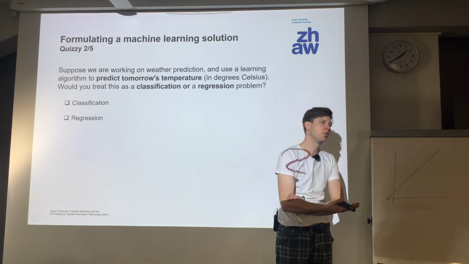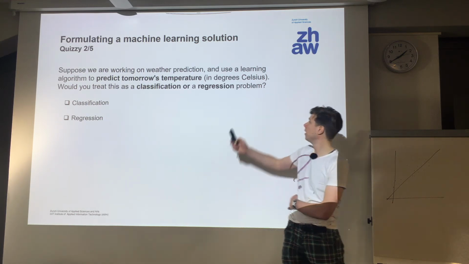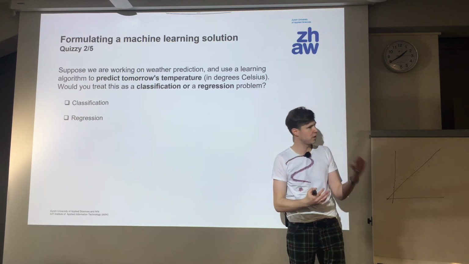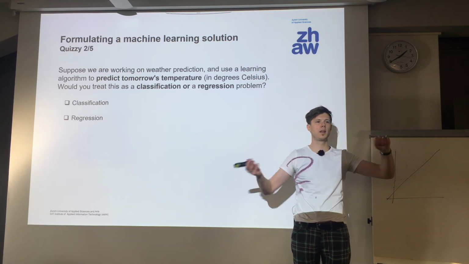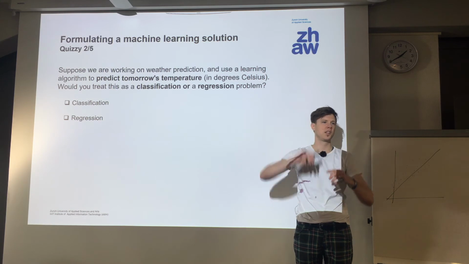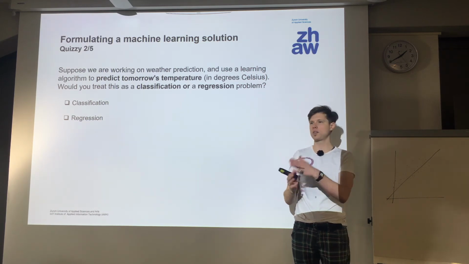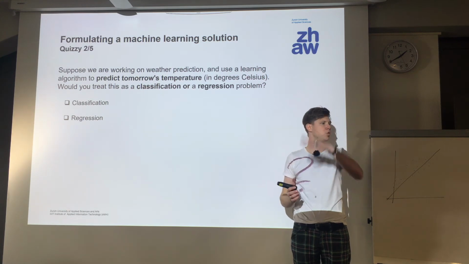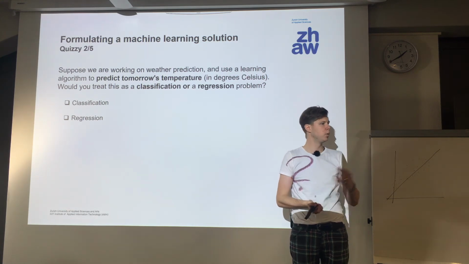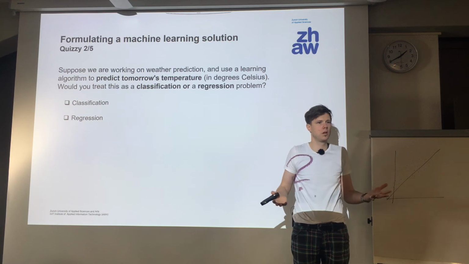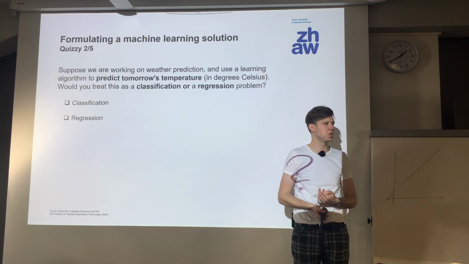We obviously also lose precision. If we do a numerical prediction, like regression, we can say this is 19.786 degrees Celsius today, at this moment. And if we just classify in bins, like from 19 to 20 and 20 to 21 and so on, we lose precision.